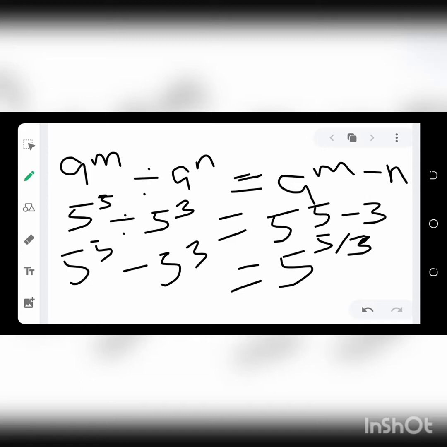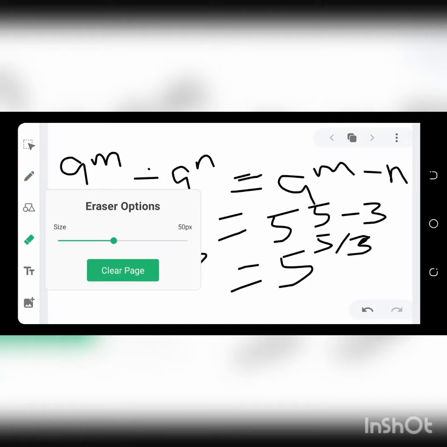Then the next law here is when an expression is raised to an nth index.